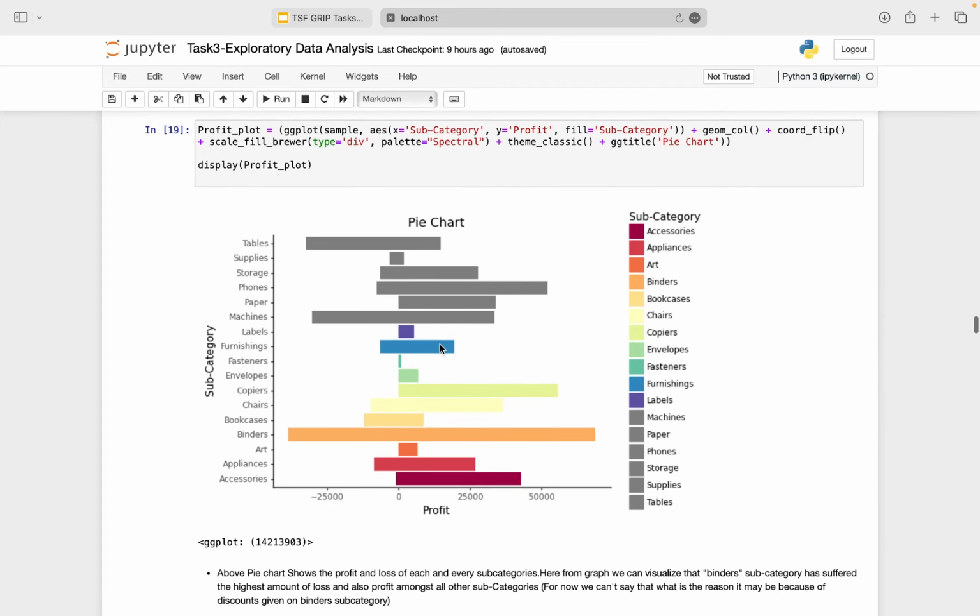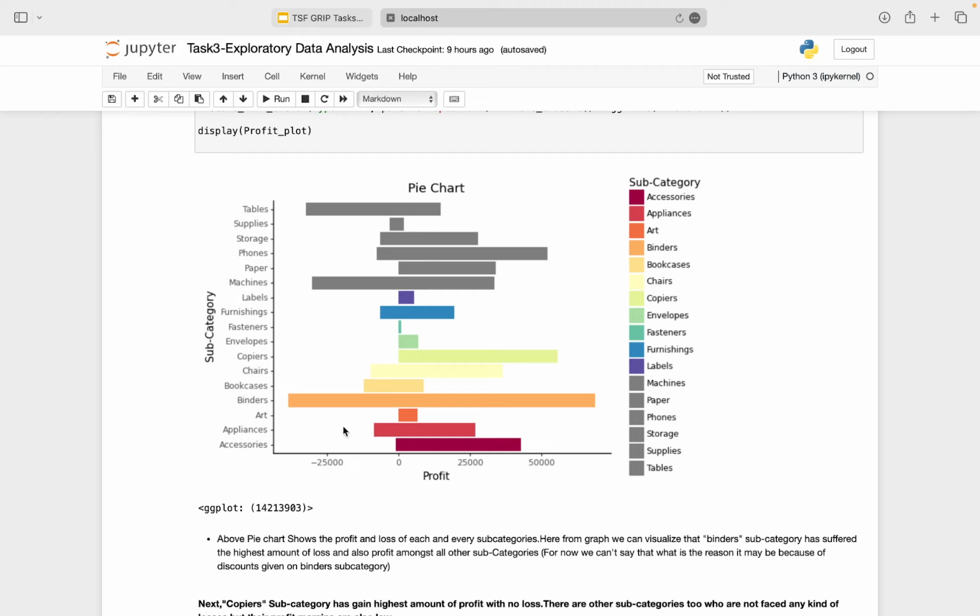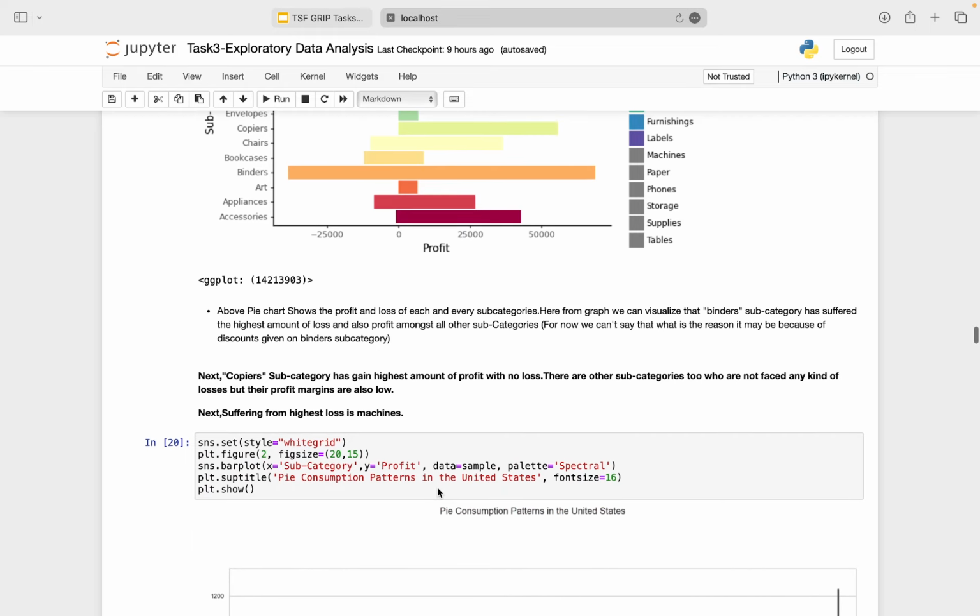After this, we find a pie chart. From the pie chart, we can see that binders have borne both the maximum loss and the maximum profit. Whereas for copiers, we see it has borne a large amount of profit with no loss, but it is still lesser than the amount for binders.